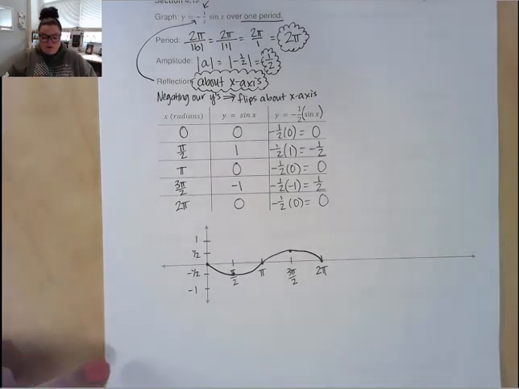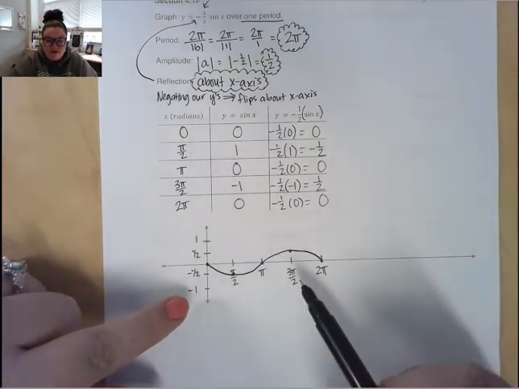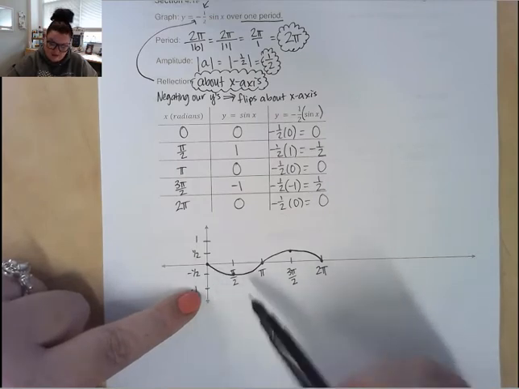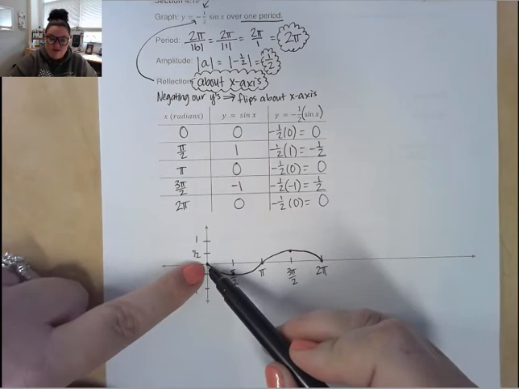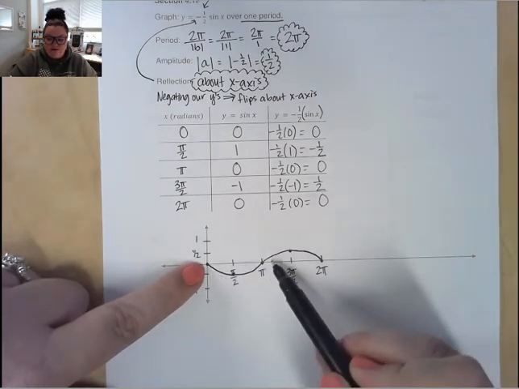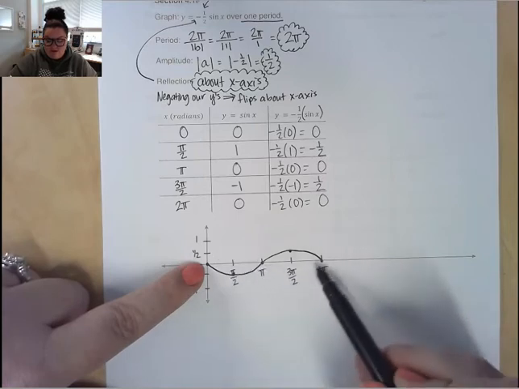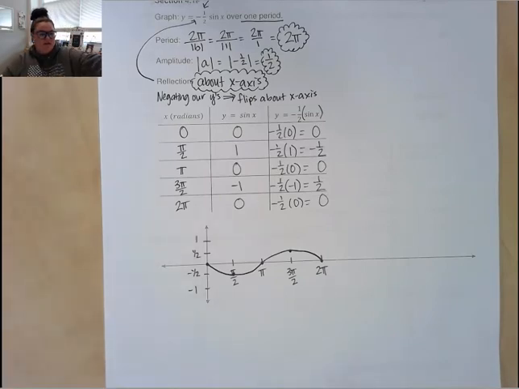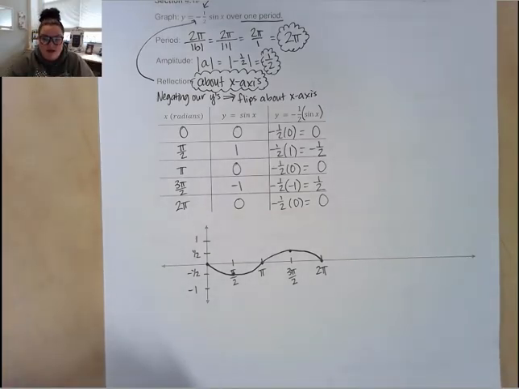But notice we didn't just vertically shrink it, we also reflected it around the x-axis, because normally a sine curve starts at 0 and goes up, and this one starts at 0 and goes down. So our curve is reversed from what it normally is. Okay? All right. So on both of these, we have looked at sine functions.